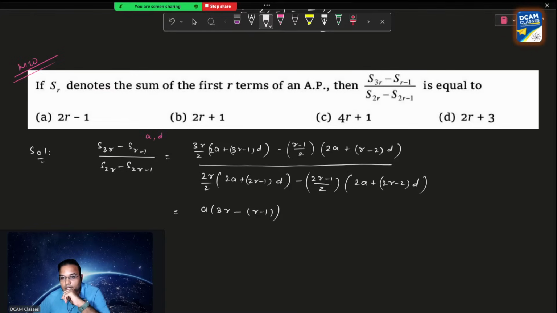Now for D, 3R into 3R minus 1 by 2 minus R minus 1 into R minus 2 by 2.